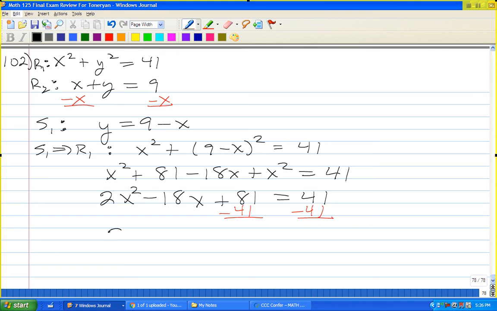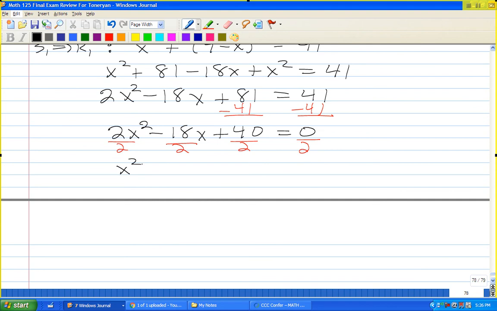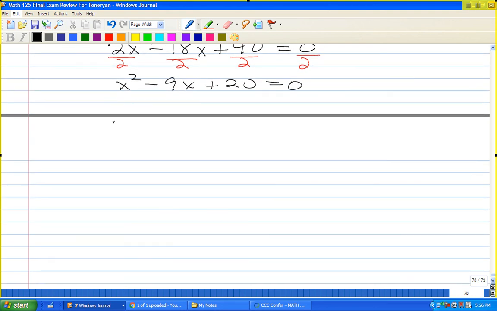So I have 2x squared minus 18x plus 40 equals 0. So let me divide both sides of my equation by 2. And so I have x squared minus 9x plus 20 is 0. Let me factor this. This factors into (x minus 5)(x minus 4) equals 0.